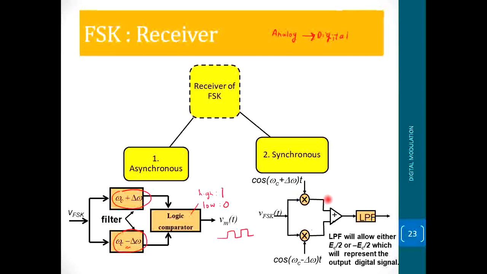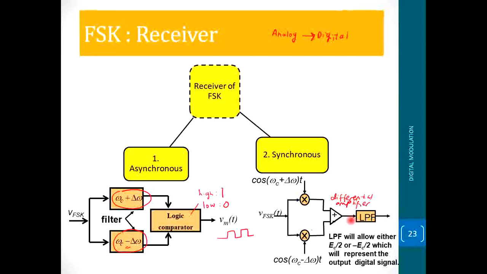This is the differential amplifier, and after going through the differential amplifier, it will go through the low pass filter.